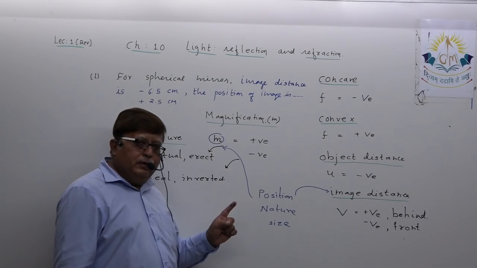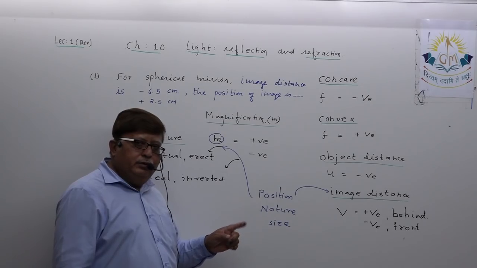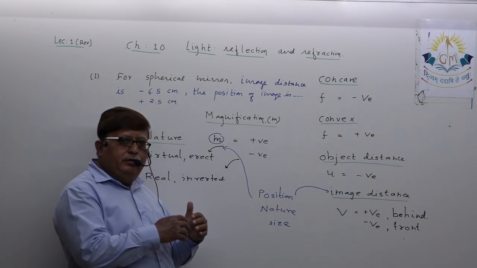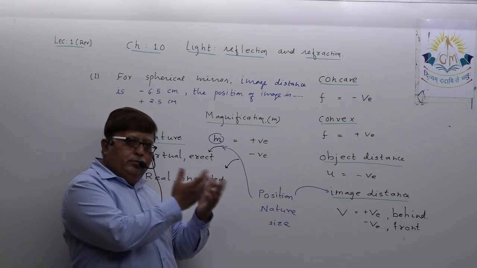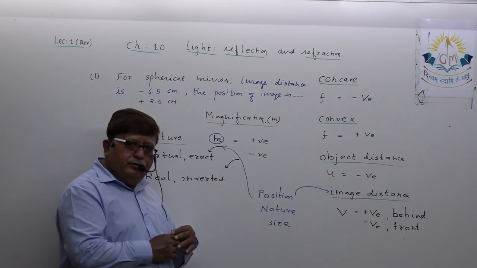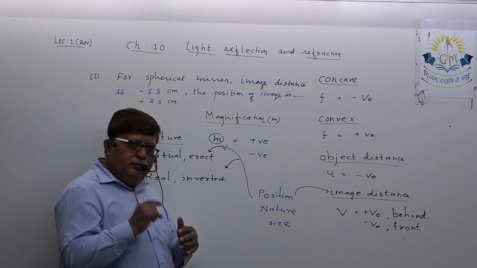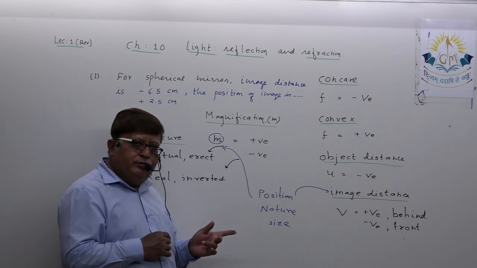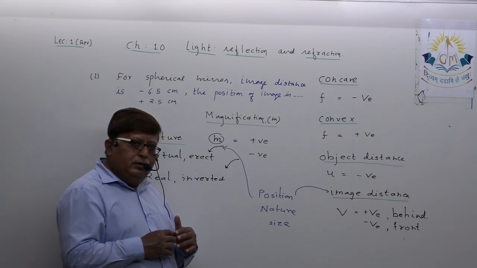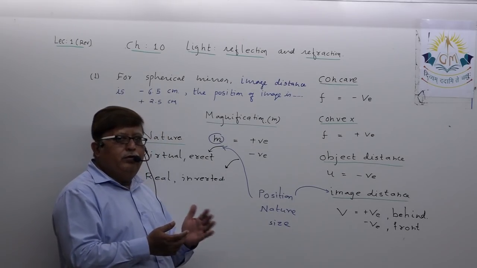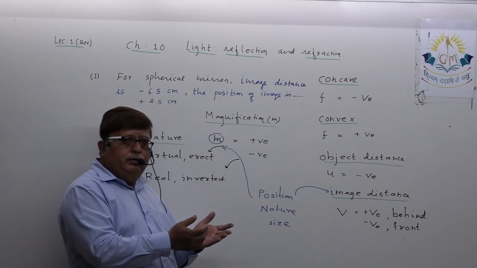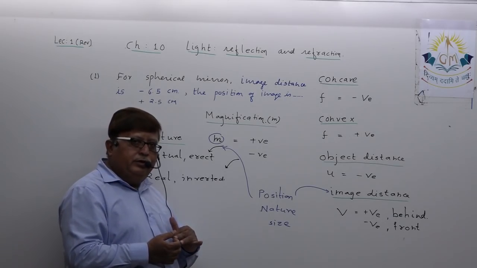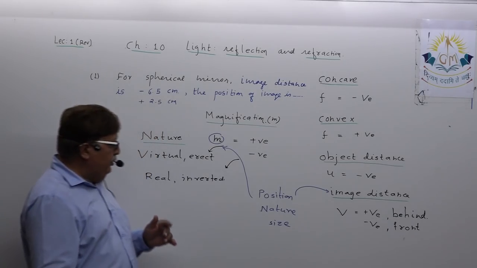If image distance is positive, image is formed behind the mirror. If image distance is negative, image is formed in front of the mirror, ahead of the mirror.